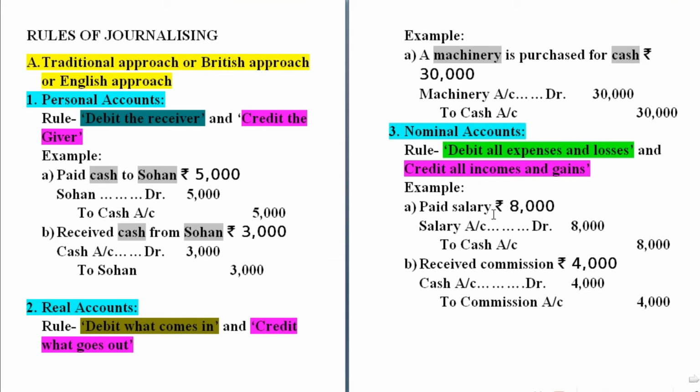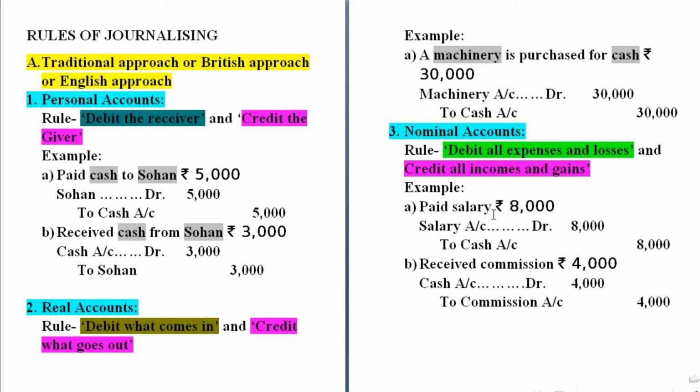So whenever there is any expense, rent, salary, interest paid, or commission paid, but there is no word cash in the question, we will quickly assume that this is being paid in cash.